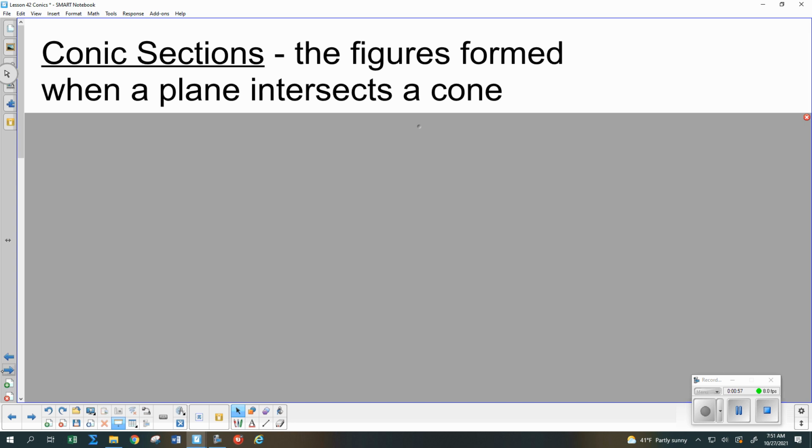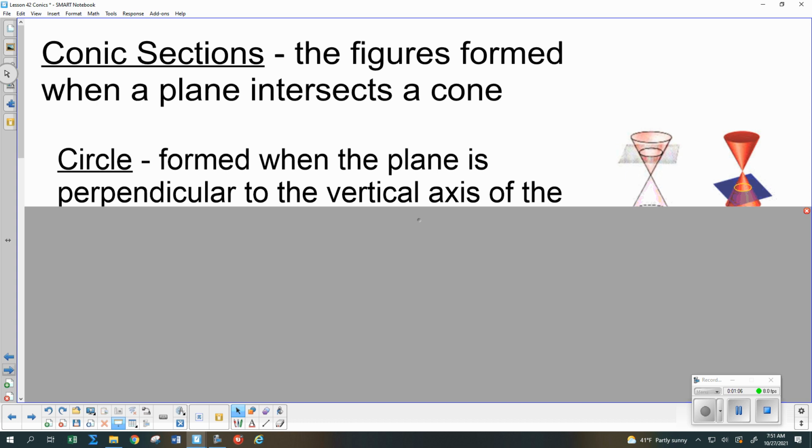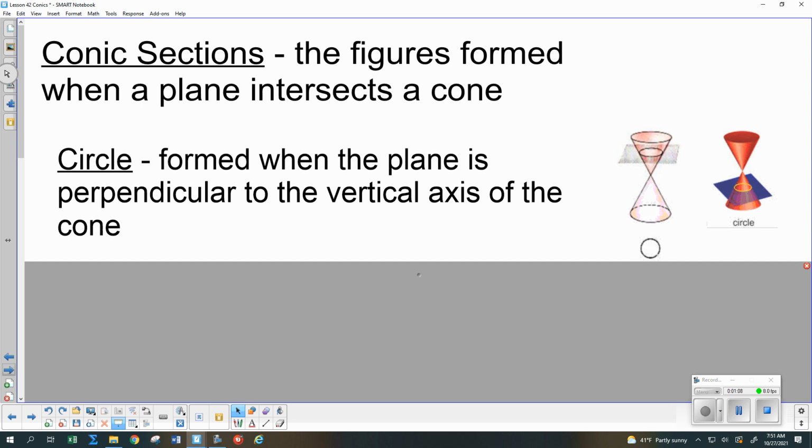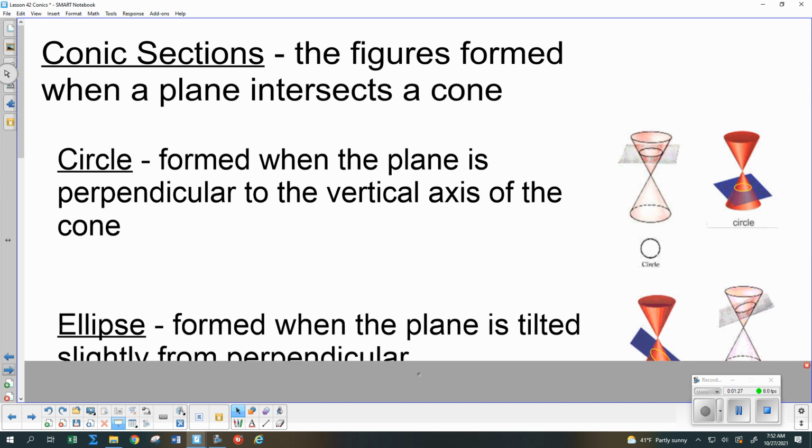And if you take a flat giant blade and slice through, depending on which way you go, you get different shapes. If you go straight across so that your giant blade is perpendicular to the axis that goes from the tip of the cone down through the middle, if you cut straight across, you get a shape that has a circle for its outline. And that's the one we'll talk about today.